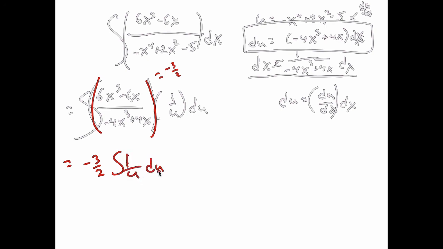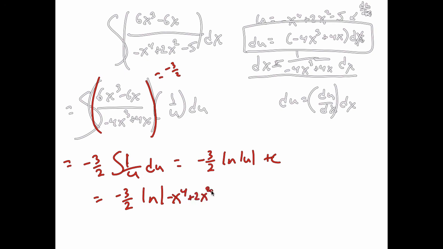The integral of 1 over u is the natural log of the absolute value of u. That's the one exception to the power rule. When you have x to the negative 1, the integral is the natural log of the absolute value. So we get the natural log of u plus c, which, plugging back in for u, equals the natural log of the absolute value of negative x to the 4th plus 2x squared minus 5, plus c. And that's it.